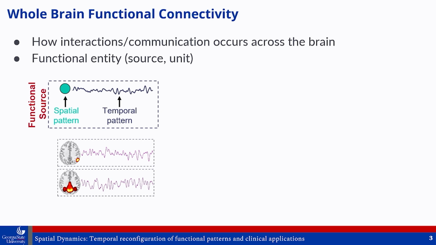Each functional source can be defined in lay terms as a region with similar functionality and can be characterized by two elements: a spatial pattern that describes its distribution across space, and a temporal pattern that describes its activity over time. Our ability to estimate functional connectivity depends on how well we estimate these functional sources and the interaction between them.